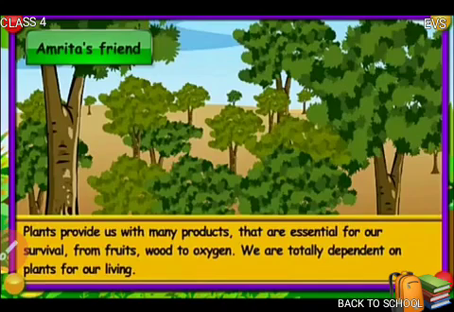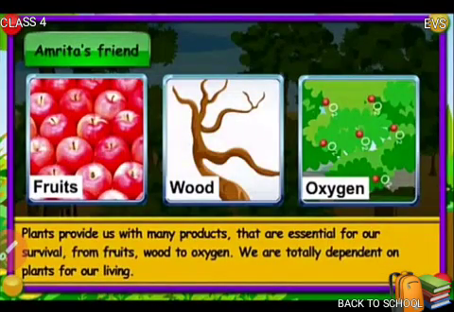You all know the trees are very much essential. Why so? Have you ever thought so? The trees give us fruits, wood, oxygen, vegetables and much more. We are totally dependent on the plants and trees for our living. In the picture you can see there are delicious and beautiful fruits. There is a picture of wood also and oxygen.